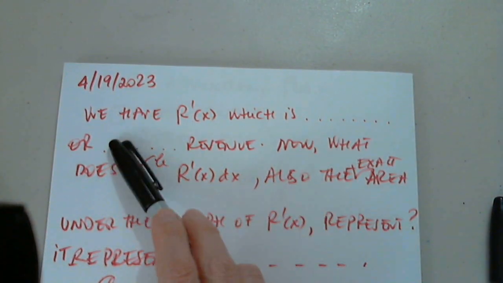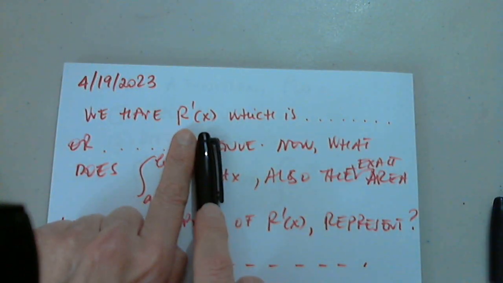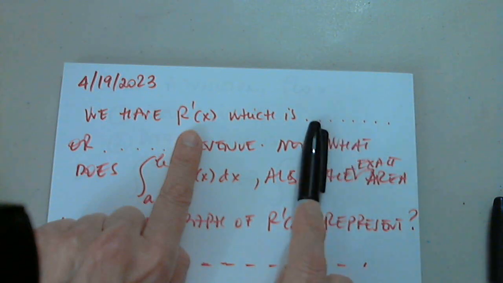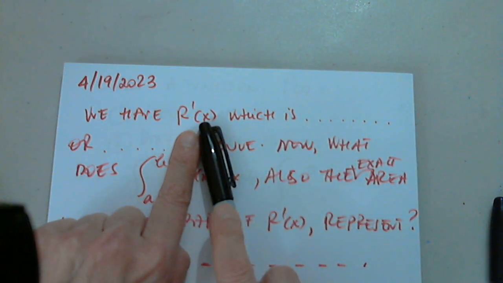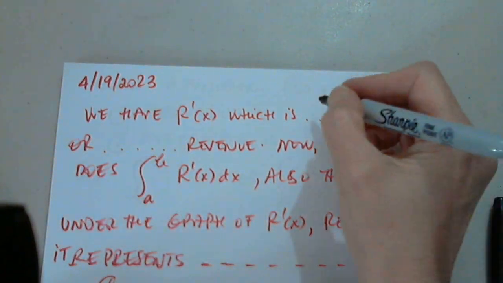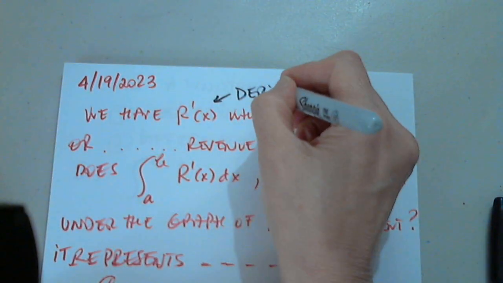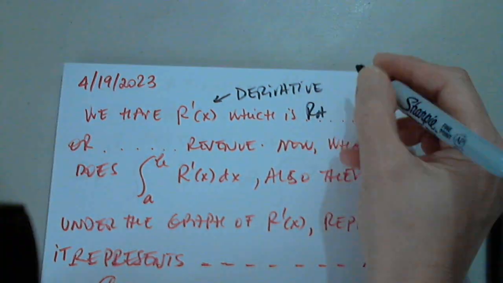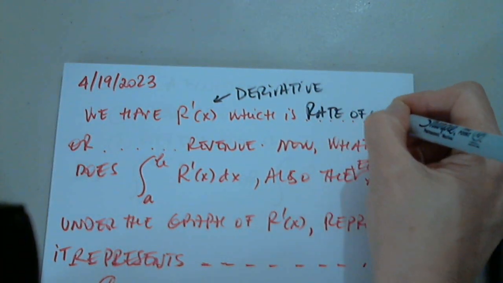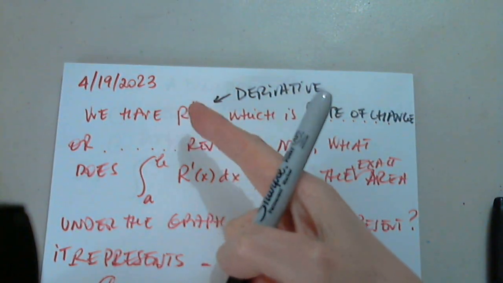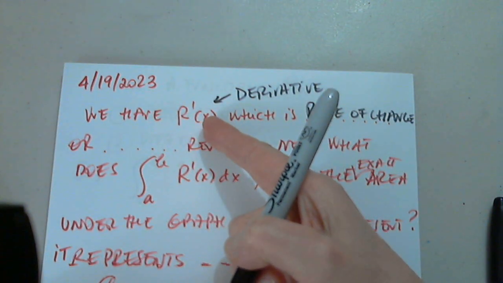Okay, so we have R prime of x. What does R prime of x mean? The derivative? Yes, the rate of change. Also the derivative, yes. But it is the rate of change of revenue with respect to the number of items.